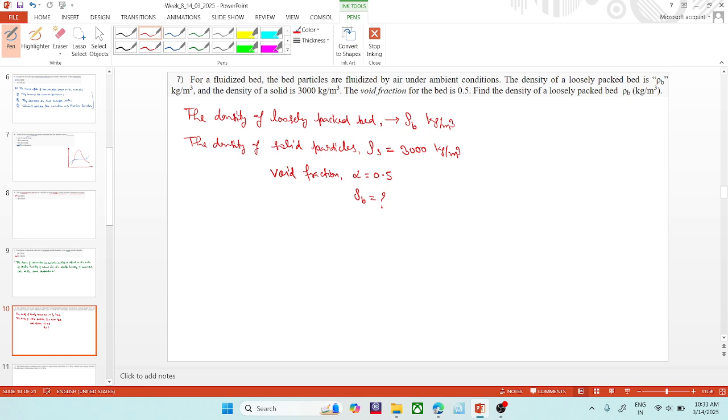Then we know that the void fraction can be defined as alpha is equal to 1 minus the density of the loosely packed bed to the density of the solid particles.